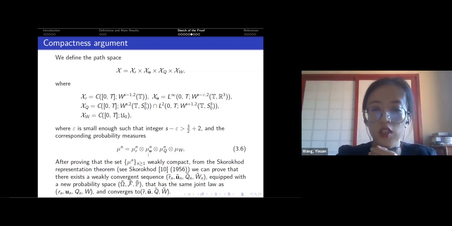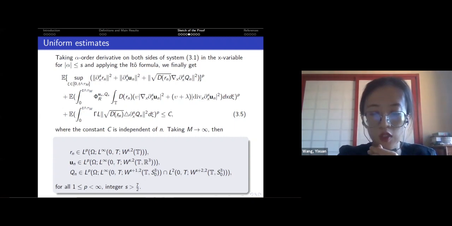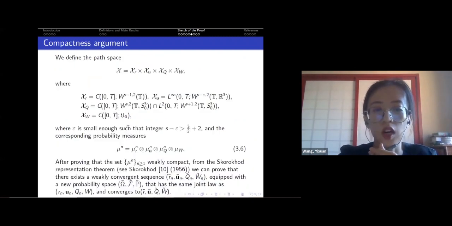Since we have the uniform estimate with respect to n, we know that mu_n is weakly compact. By the Skorokhod representation theorem, we are able to prove that there exists a new sequence R_n tilde, U_n tilde, Q_n tilde, W_n tilde, equipped with a new probability space.